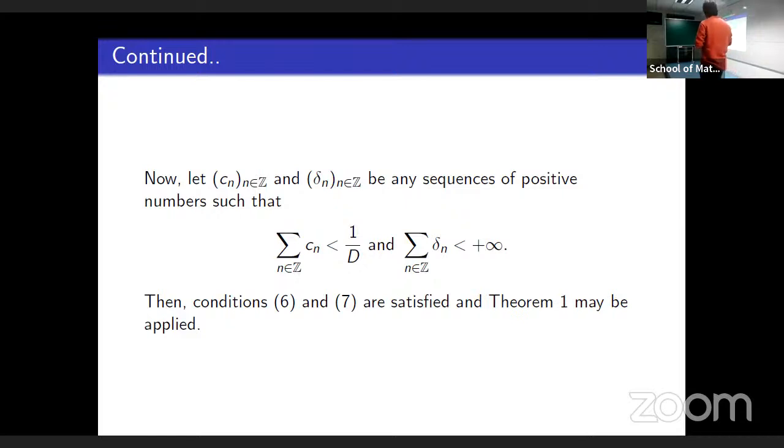If we can make sure that these two conditions are satisfied, then we can apply our setting. Maybe in your application you may need a sequence of finite rank operators. Those cases may be more useful. This is slightly general.